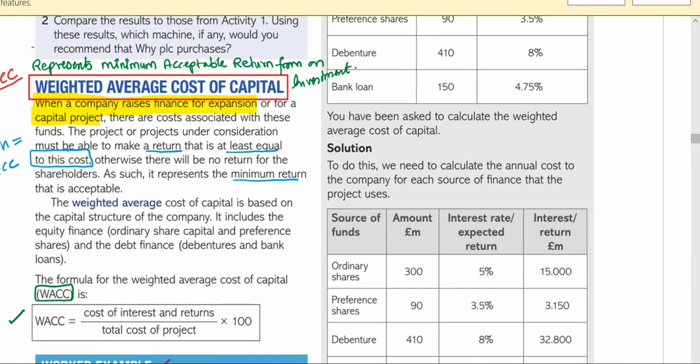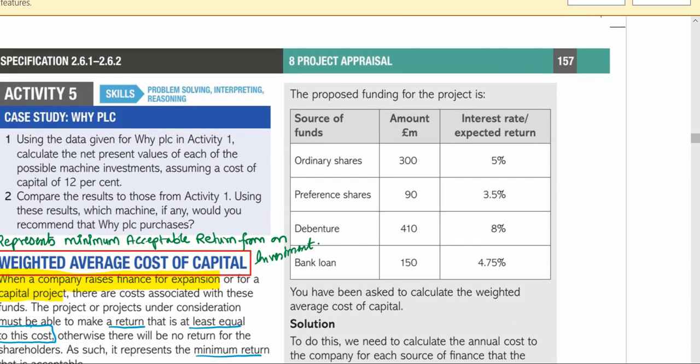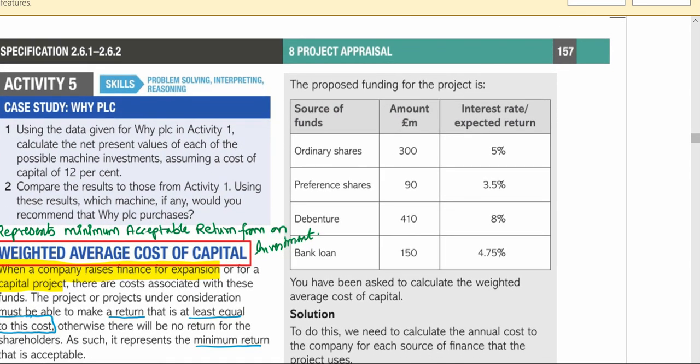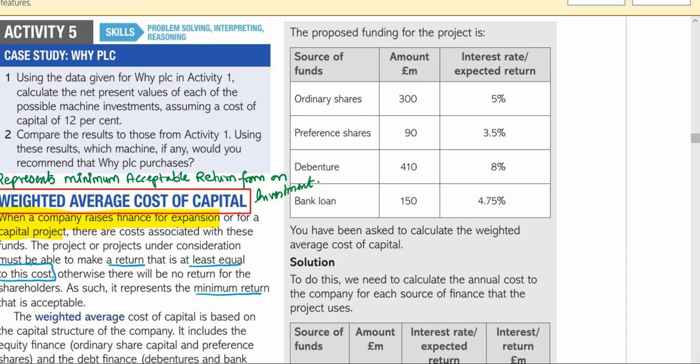How to manage $950 million? The proposed funding for the project is: we will arrange the fund by using 300 million ordinary shares, 90 million by preference shares, 410 million by issuing debentures, and 150 million we will obtain as a loan from the bank.